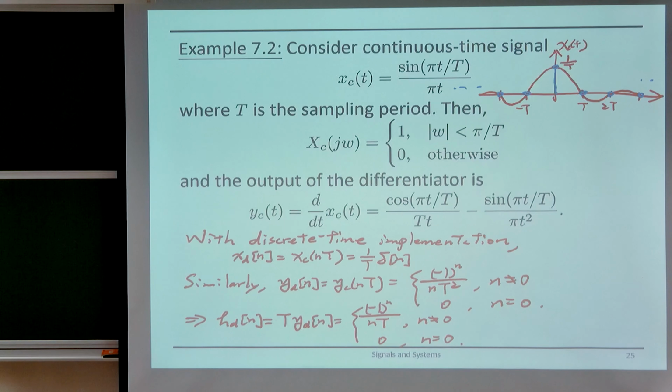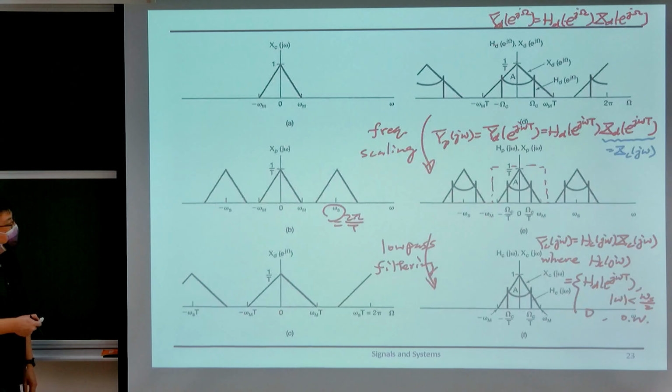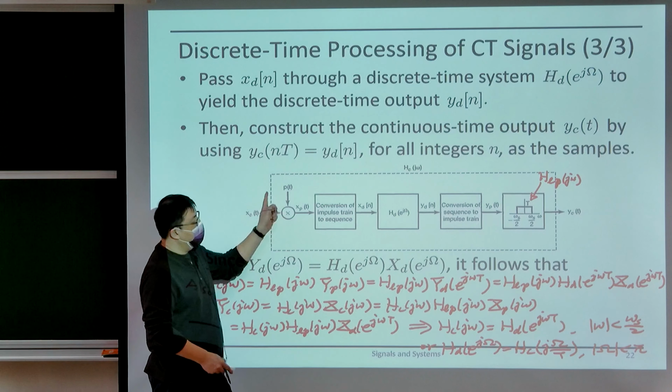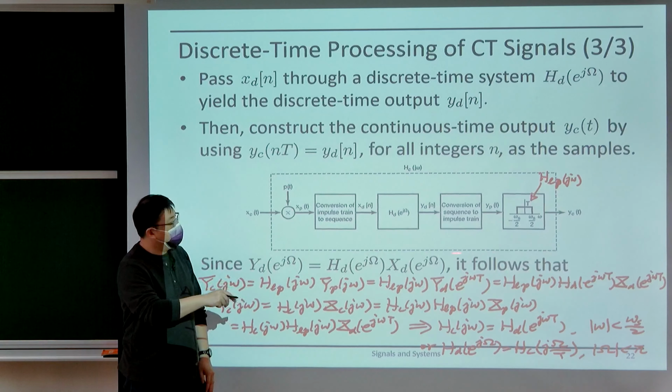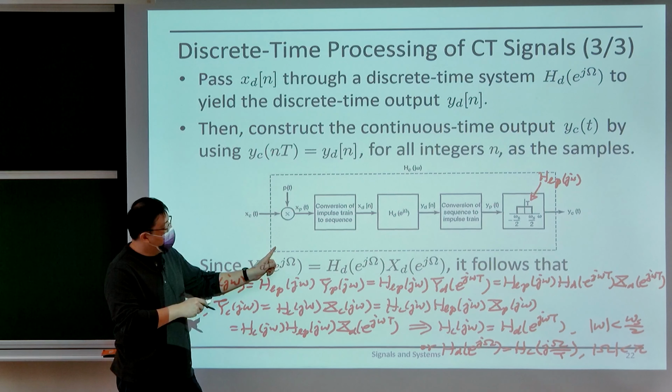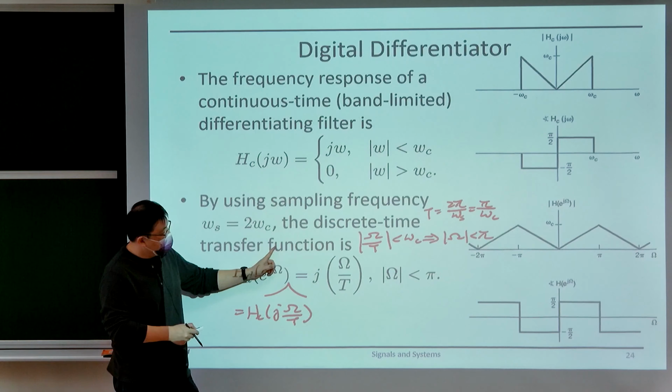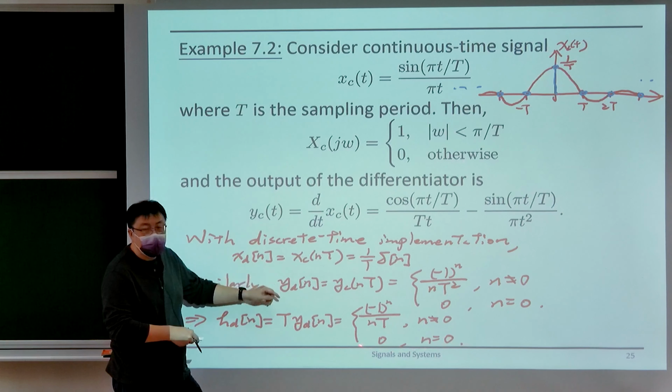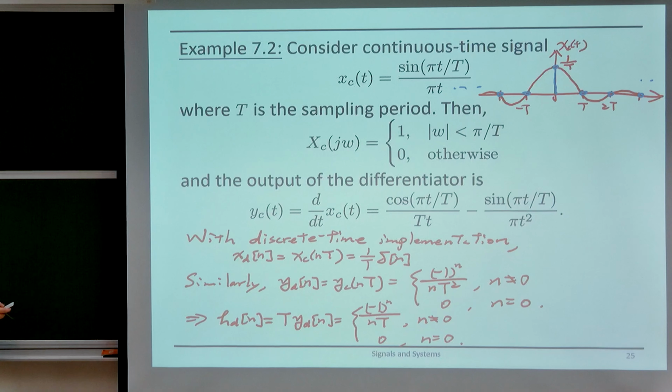So this is saying that if you want to have an overall system that is equal to a differentiating filter, then you can do this by choosing a discrete time filter that has an impulse response equal to this.